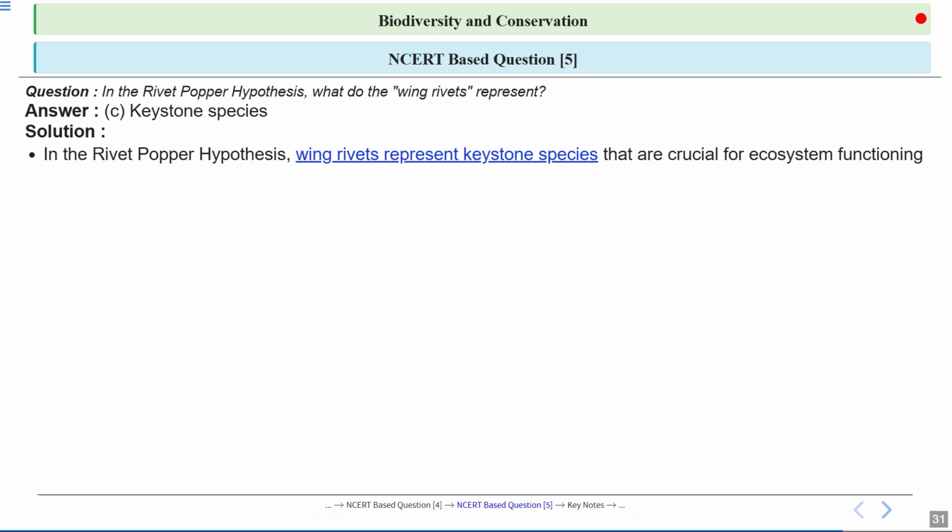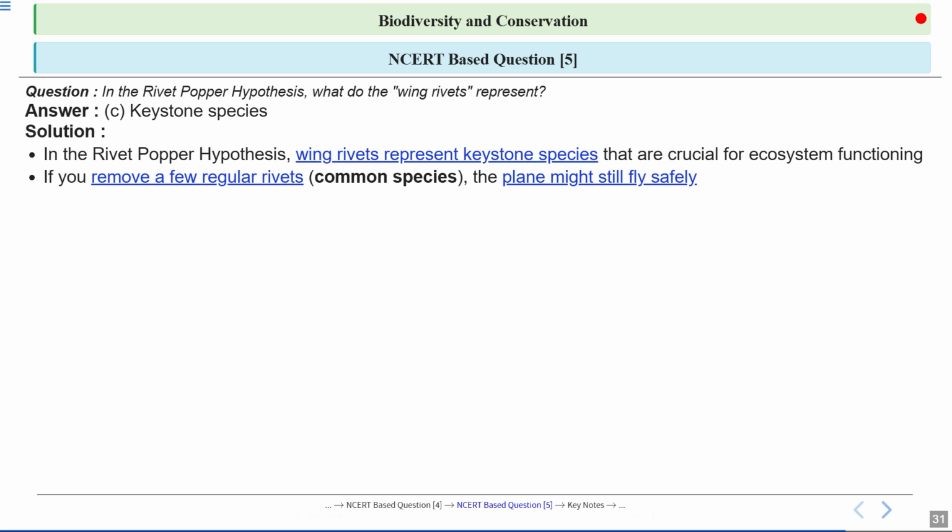In the rivet popper hypothesis, wing rivets represent keystone species that are crucial for ecosystem functioning. Now let's think about what happens if you remove a few regular rivets. These stand for the common species.